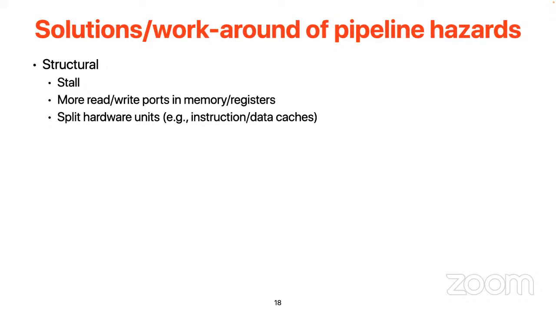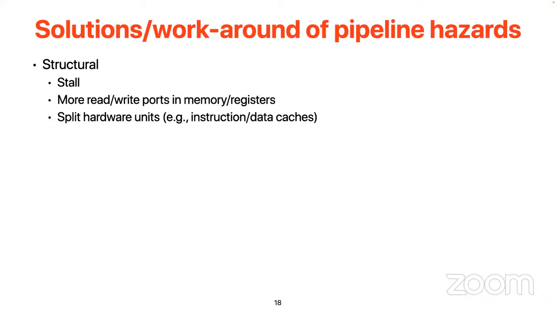And for structural hazard, there's no better solution than modifying your hardware, to be honest. So there are several ways of doing it. You can definitely stall, or you can make more read/write ports in memory and registers, to allow more concurrent accesses. Or you have to split the hardware units.